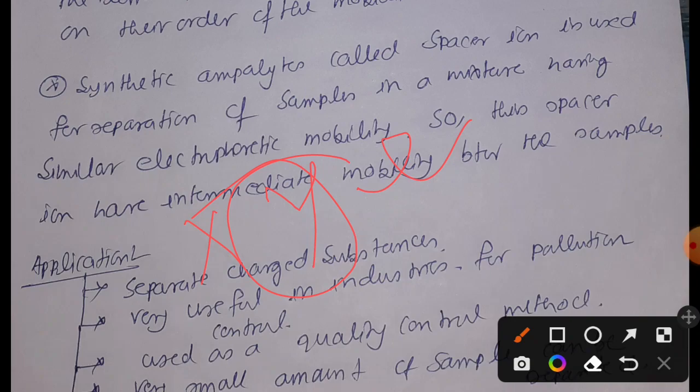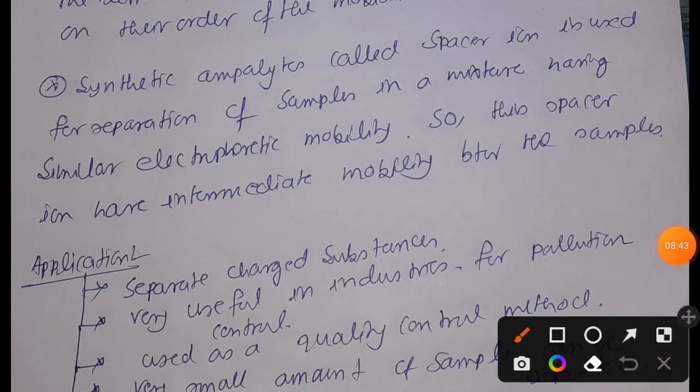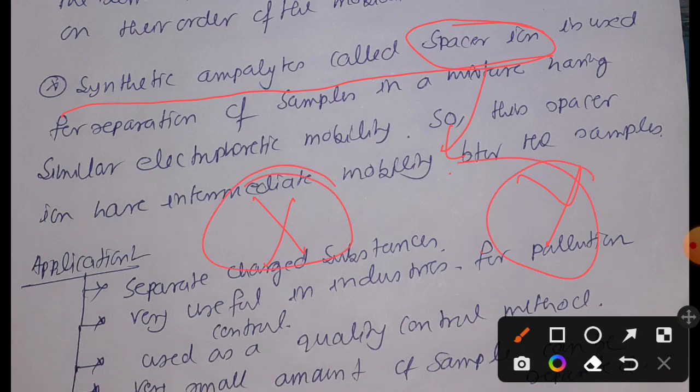So here we are using a synthetic ampholyte called spacer ion. Okay, so this spacer ion, remember, has intermediate electrophoretic mobility between your sample ions that have nearly the same electrophoretic mobility. Suppose if it is 7 and 8, then your spacer ion will have 7.5.